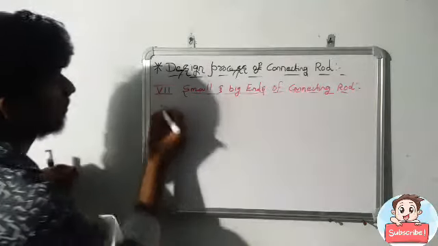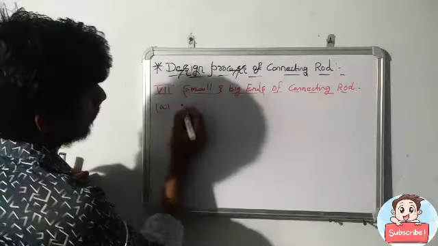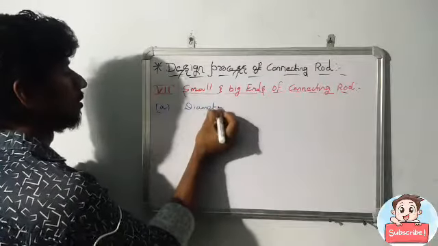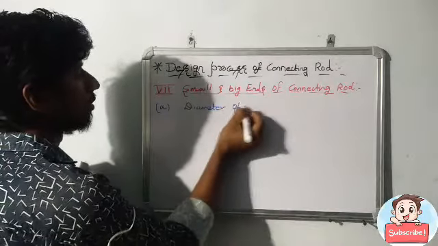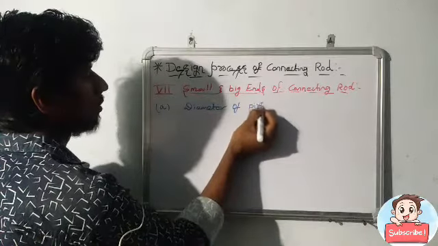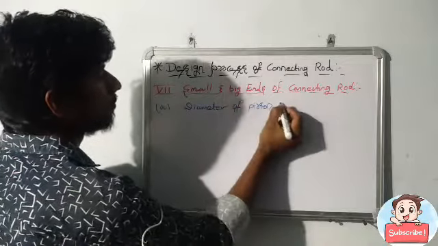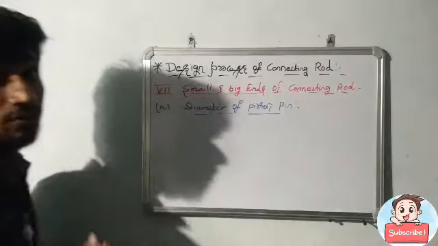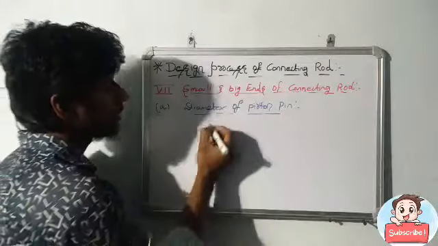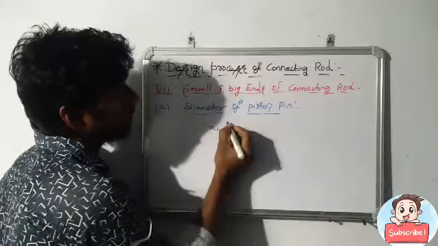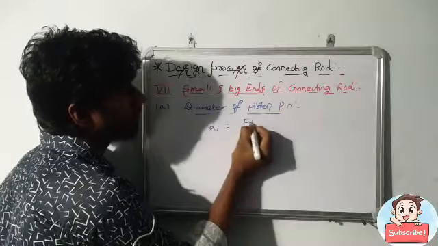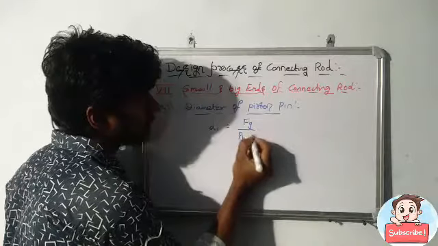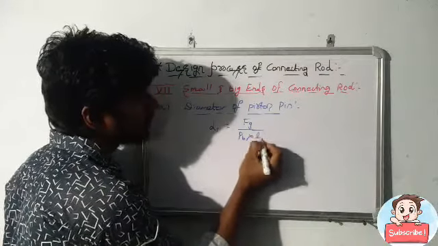First one is the diameter of the piston pin. It is denoted by small d1, that is equal to Fg by Pb1 into L1.